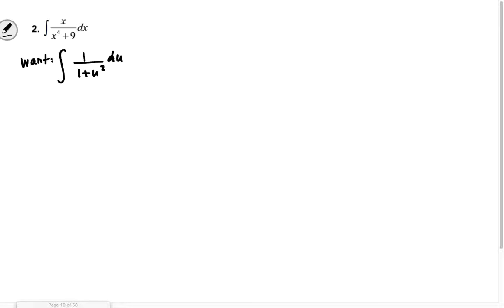The big problem that we have is we don't have a 1. Do you see how it's plus 1 on the bottom? U squared plus 1, or 1 plus u squared. Right, we have a 9. That's going to make it a little tricky. I think you guys can handle it. We'll see. So here's what we're going to do. So we want a 1 here.